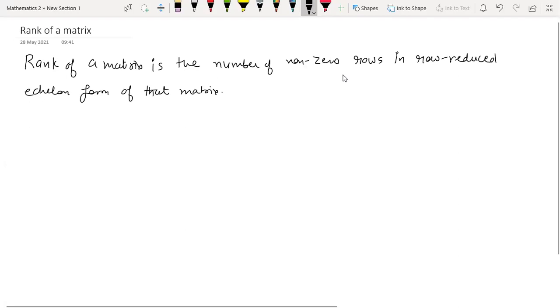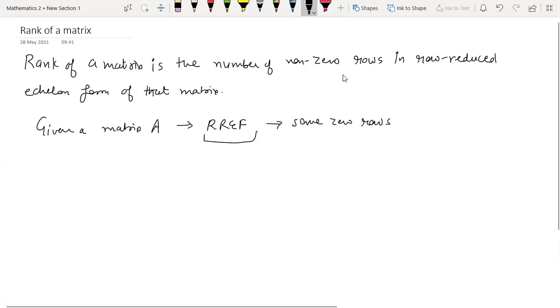So the definition is very clear: it is nothing but the number of non-zero rows in a row reduced echelon form of that matrix. You will be given a matrix, and everybody knows that every matrix can be converted into a row reduced echelon form. Once you find it, there may be some zero rows.